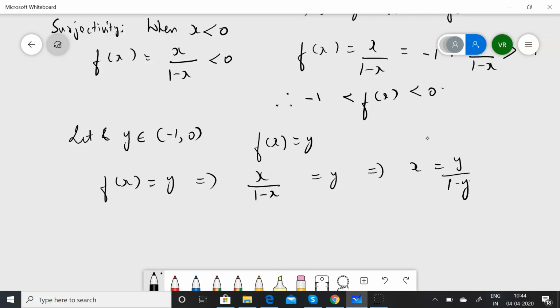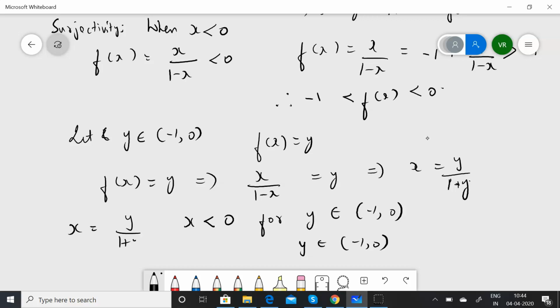Thus, you can see that clearly when x is lesser than 0, for y belongs to minus 1 comma 0, for every value of y belonging to minus 1 comma 0, there exists a value x equal to y by 1 minus y, which is lesser than 0, such that f of x is equal to y.